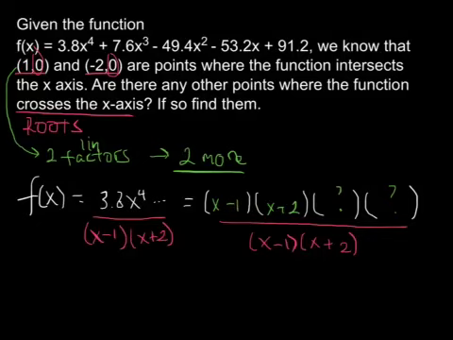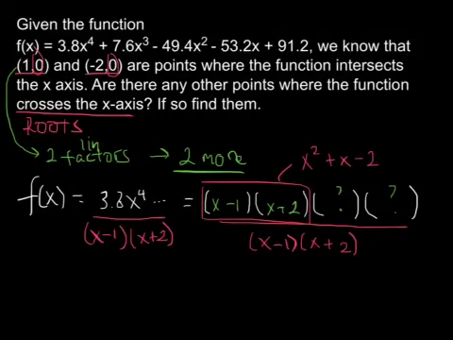In order to do that, we're going to multiply these 2 factors out, and that will make it a little easier for us. So let's just show what we've got. When we multiply these out, we're going to have x squared plus x minus 2. And so that's what we're going to divide by.